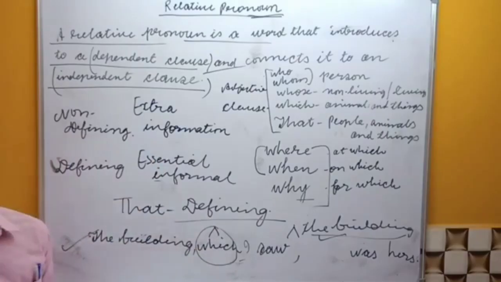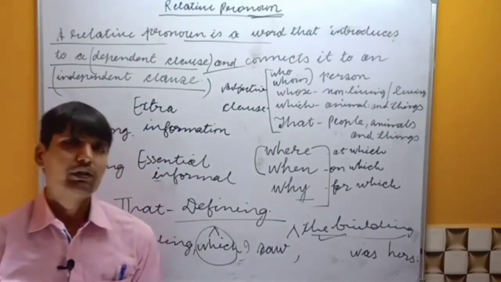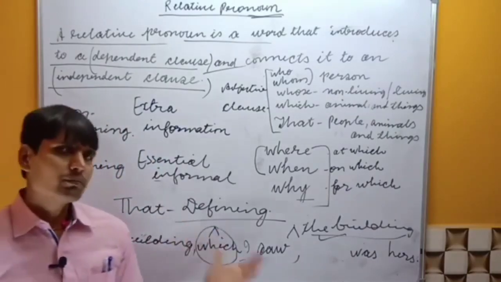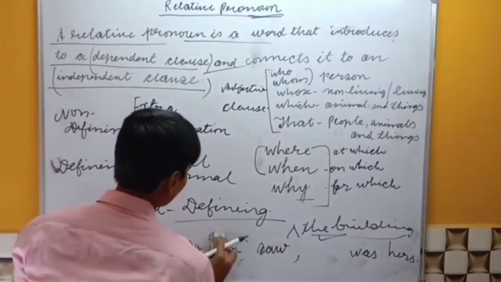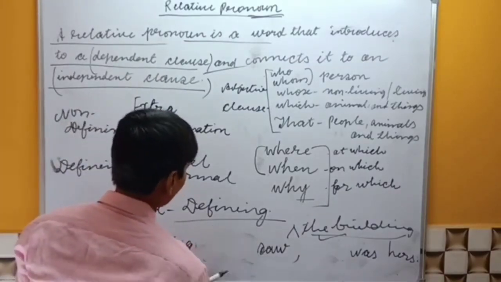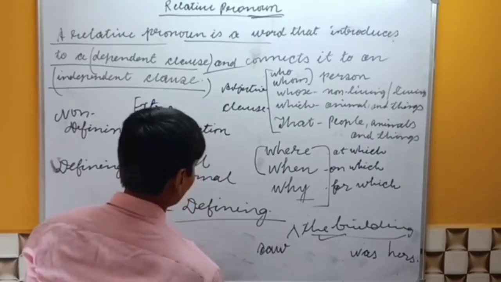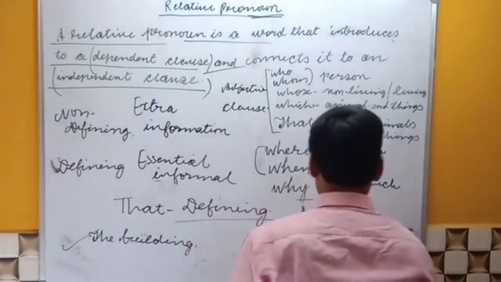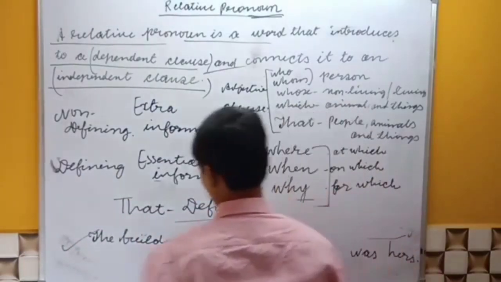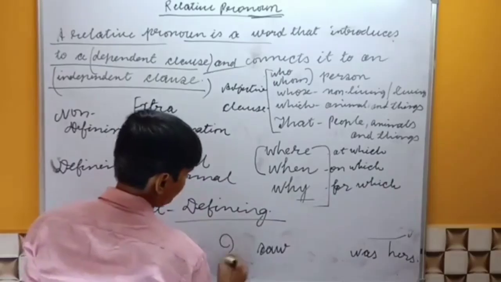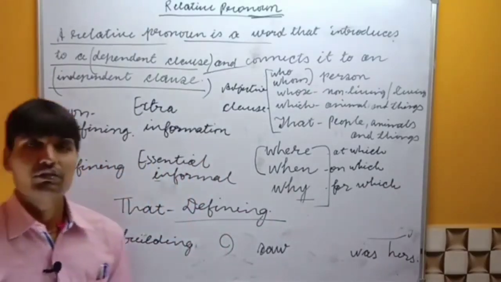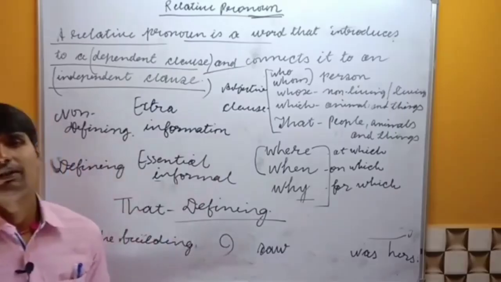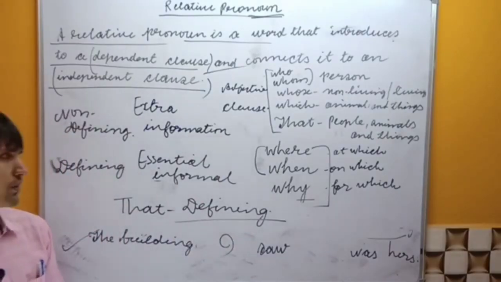And if it is used as an object there, then you can omit it. It means you don't always need to write it. You can directly write it in this way: "The building I saw was hers." You can write or speak it, but it is informal English. It is not formal English.